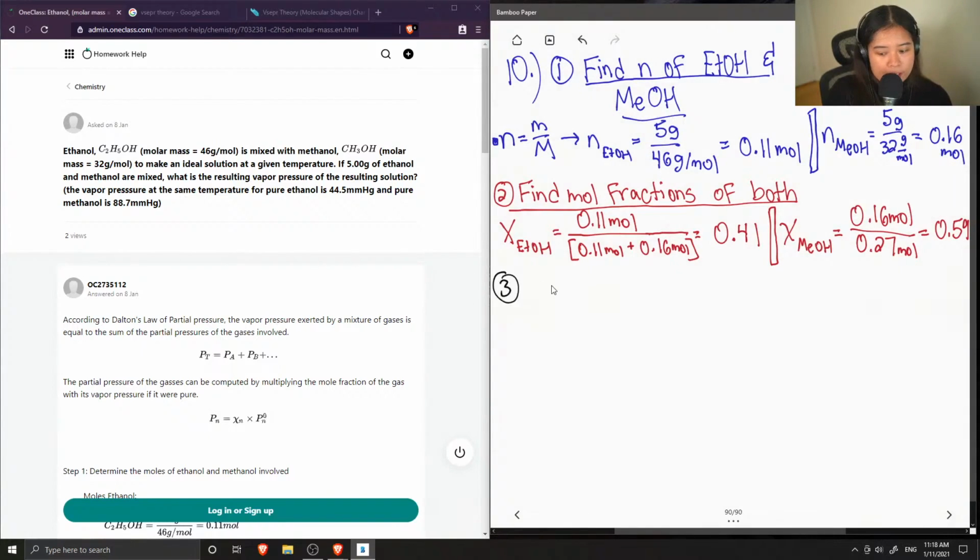So step 3 is to determine the partial pressures of both of them.